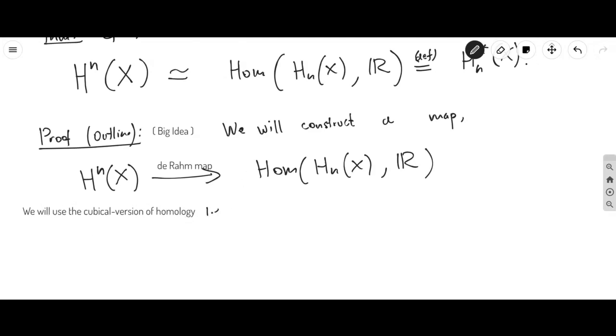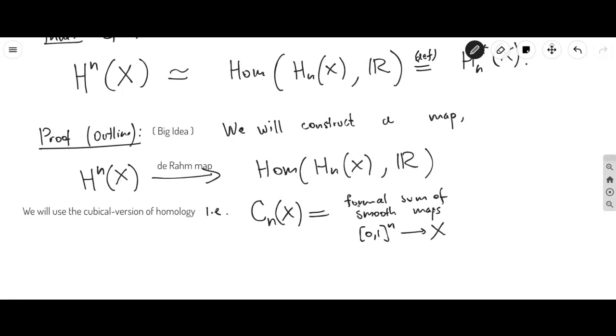In other words, you're going to define the n-dimensional chain in X. This is going to be a formal sum of smooth maps from the n-dimensional cube going into X. So this is what we call n-chains.